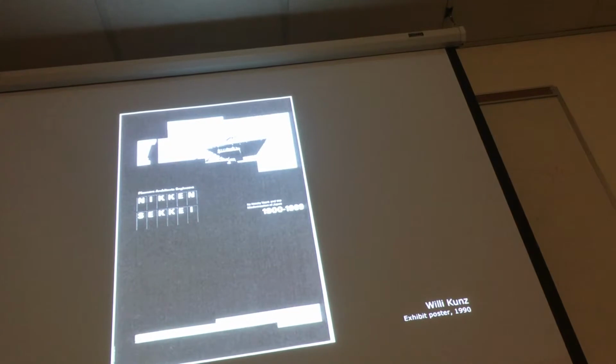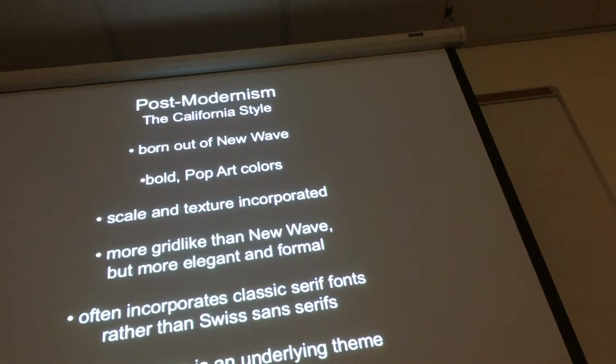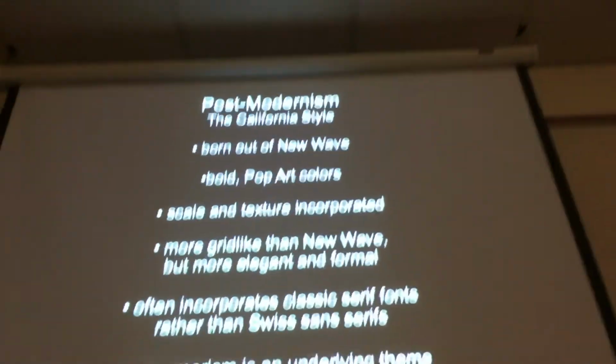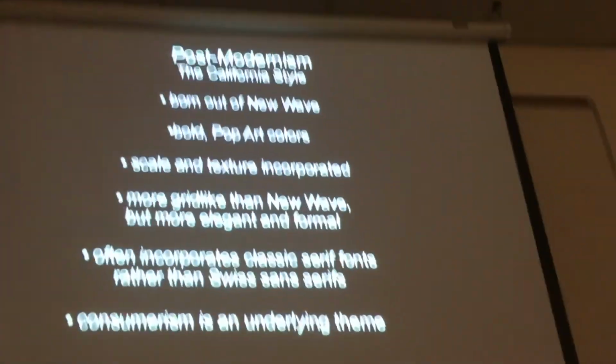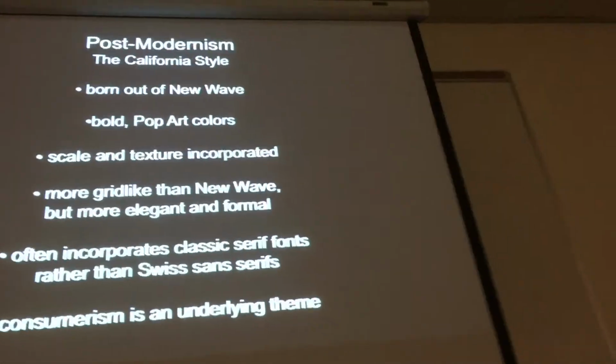And then we have another style that was influenced by this new wave, and at the same time by Swiss design. And we call this one the California style, we call it Memphis style. For a while, people just called it postmodern, thinking that everything that this group was doing was the same as what New Wave was.